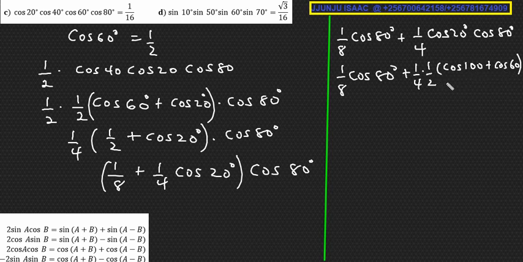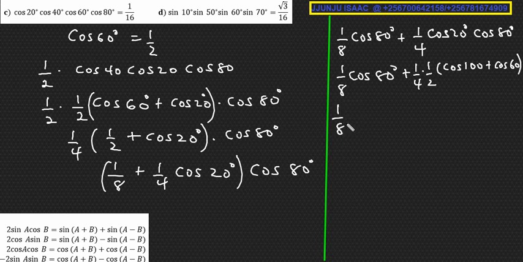Okay, so from here, by the way, if you are taking 20 minus 80, it should be negative 60, but I'm neglecting that negative. It doesn't affect this, because cos of negative 60 is the same as cos 60.